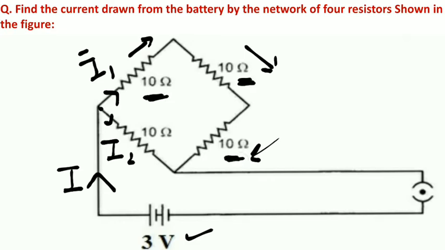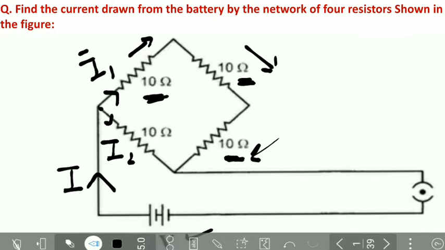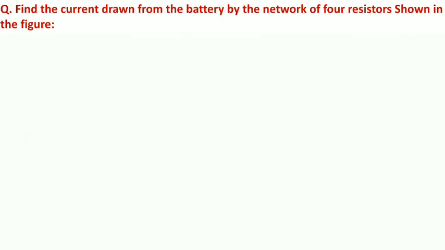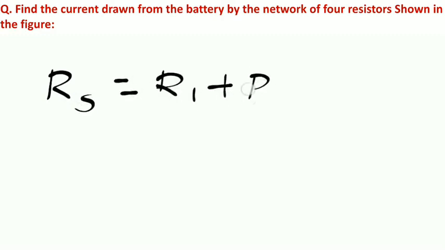So we need to calculate the resultant of these three resistors which are in series. So let us calculate. The resultant of these three resistors will be given as RS, that is R series, is equal to R1 plus R2 plus R3.